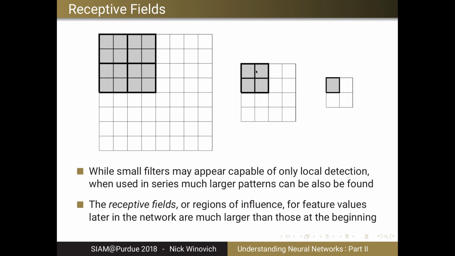But if we had used a 2x2 filter to create these entries, then we see that it grows to be a much larger region on the original input data. This is referred to as the receptive field with respect to this output value. Okay, so we can still get the larger features. We just need to compose these in series.